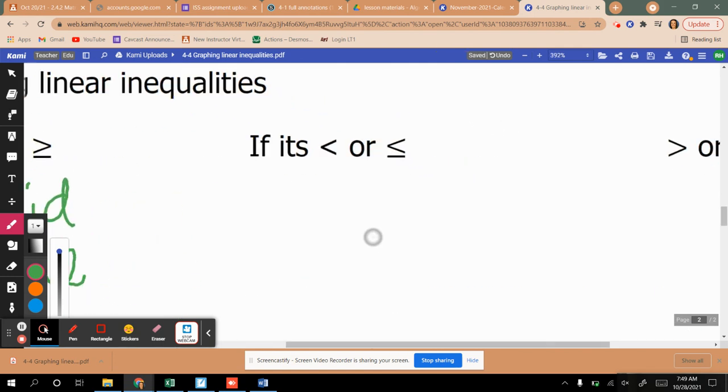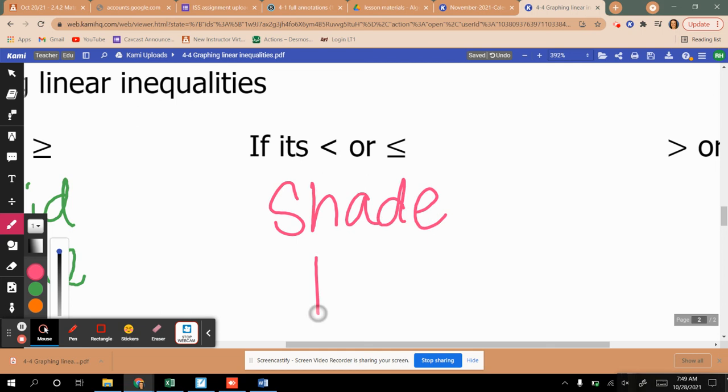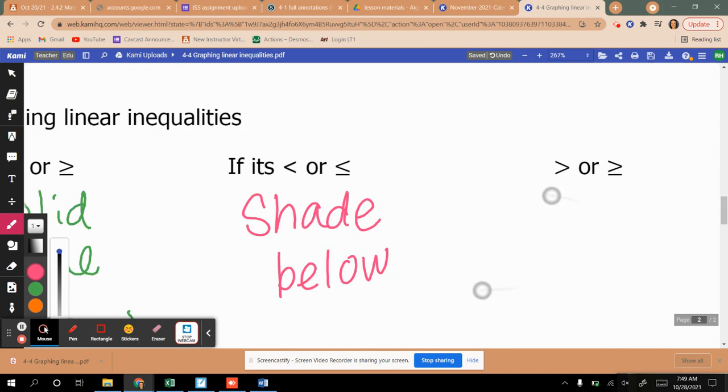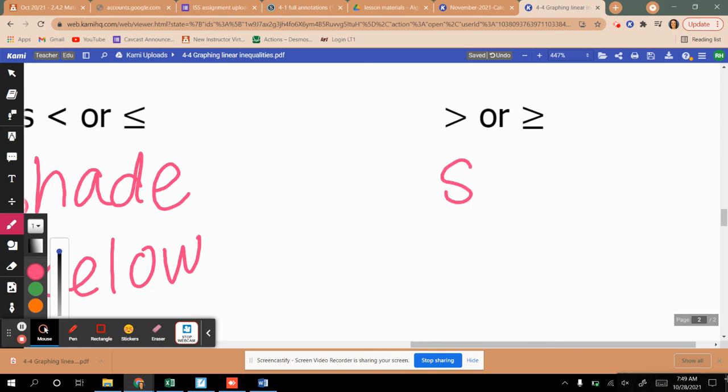If it is less than or equal to, we will shade below. And if it is greater than or equal to, we will shade above.